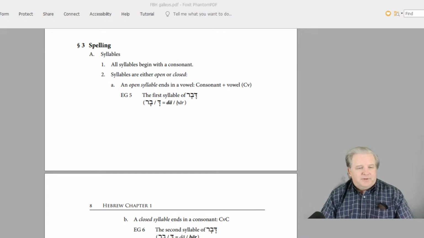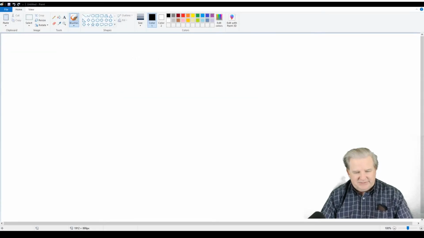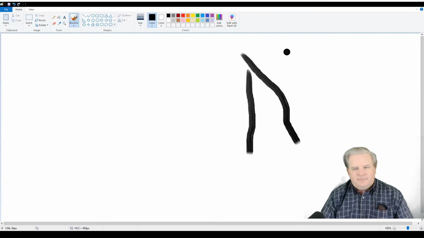Syllables. All syllables begin with a consonant. So let's stop right there and take a look at what that actually means. The first consonant in the Hebrew alphabet is the aleph. It makes no sound. It is a soft glottal stop.